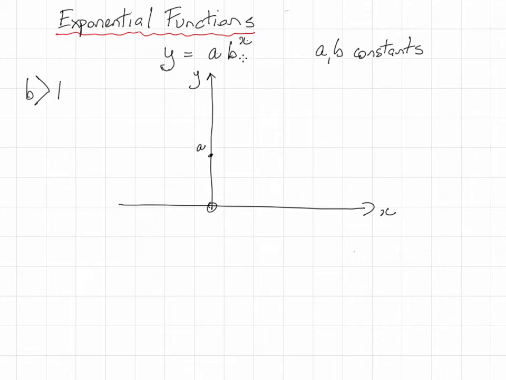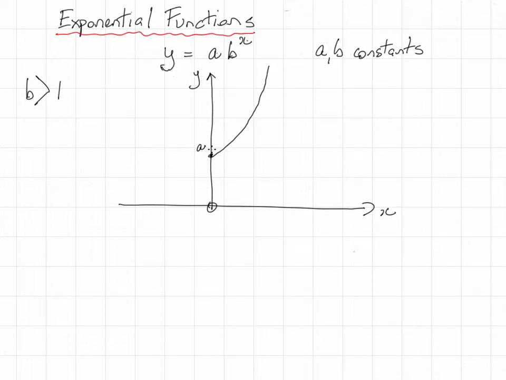And if b is greater than 1, just think of, say, the number 2. When we raise 2 to the power of 3, we get 8, 2 to the power of 4 is 16, 2 to the power of 5 is 32, etc. The y value is increasing at a great rate. So it's not going to be a straight line, but it is going to be quite a steep curve going up.